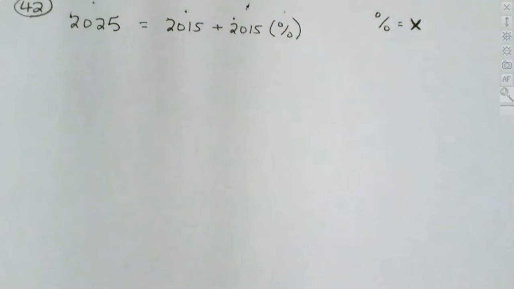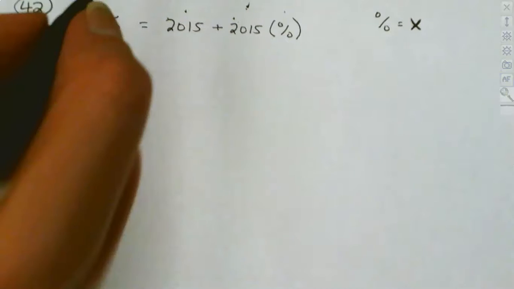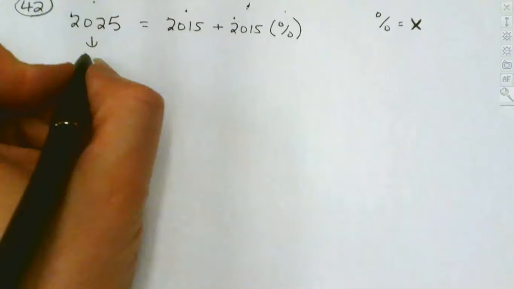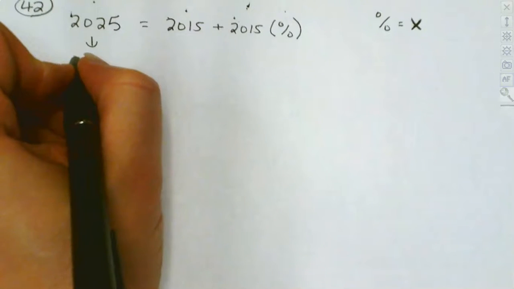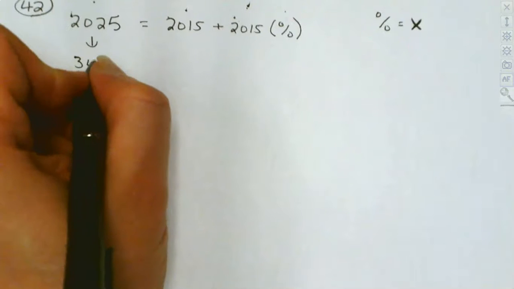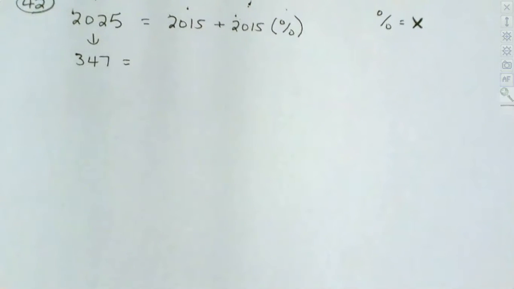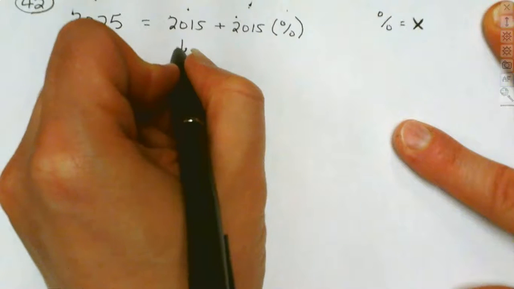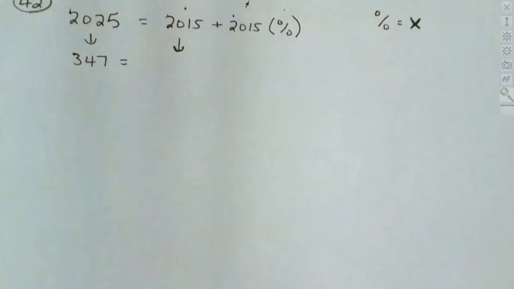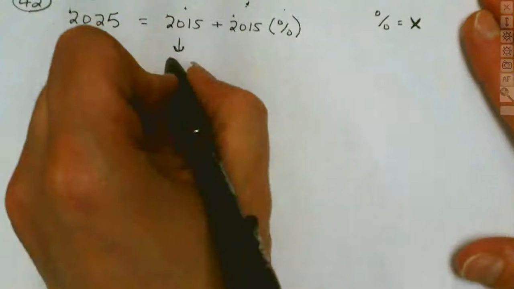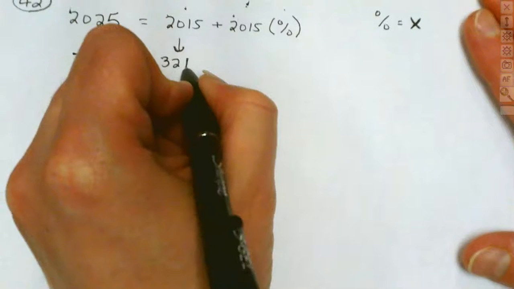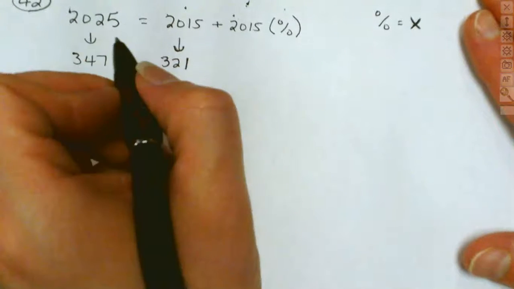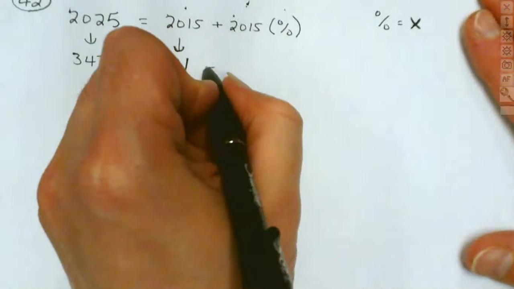Yeah, if we read it, we expect 2025, with our models, 347 million. We know in 2015, we have 321 million. Sorry about that.